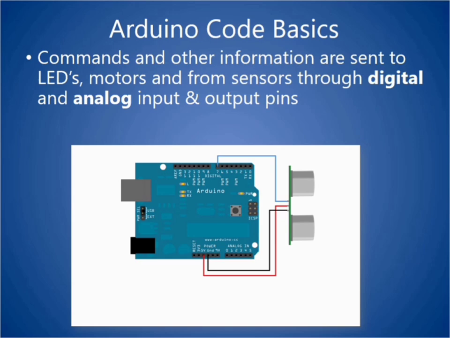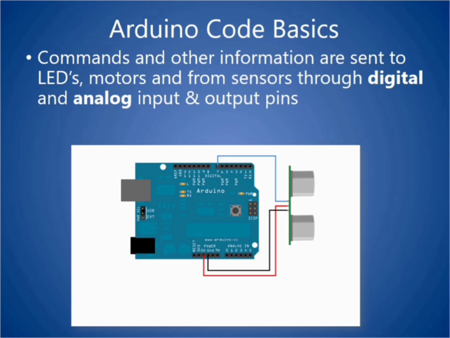In Arduino, while we write any program or sketch, what is this sketch, program, or code? What is the main use of this? With the help of a program or code, commands and other information are sent to the LEDs. The instructions we write are for LEDs, for motors, or for sensors.